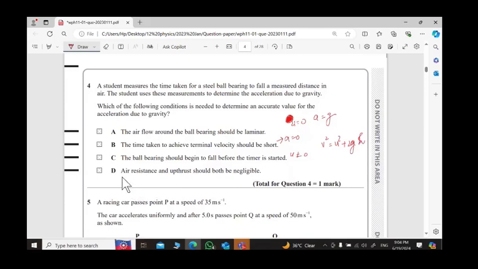So in this case, we can say the air resistance and upthrust should be negligible because this is a metallic sphere and it has very high weight as compared to the air resistance and upthrust, and these are very, very small as compared to weight. So we can neglect them. So in this case, this option will be the correct option.